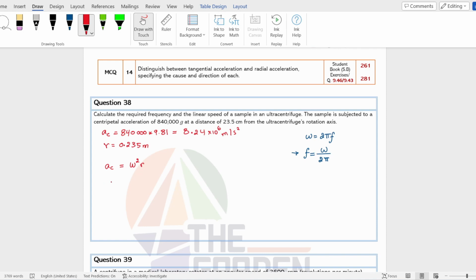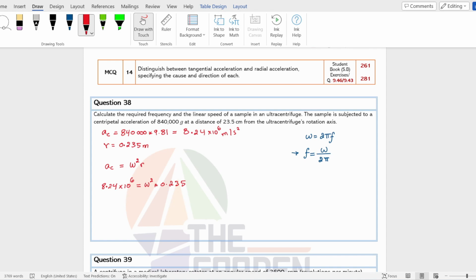We find omega by plugging in the values from the problem itself. a is equal to 8.24 times 10 to the power 6, and this is equal to omega squared times R, which is 0.235. Again, I solved this problem in a different way in my YouTube channel. Both are correct, actually. If you would like to memorize that relationship that we derived in my YouTube channel, that's fine also.